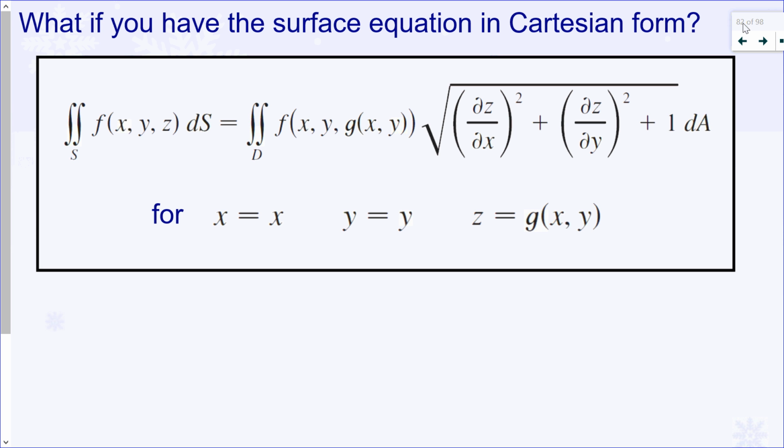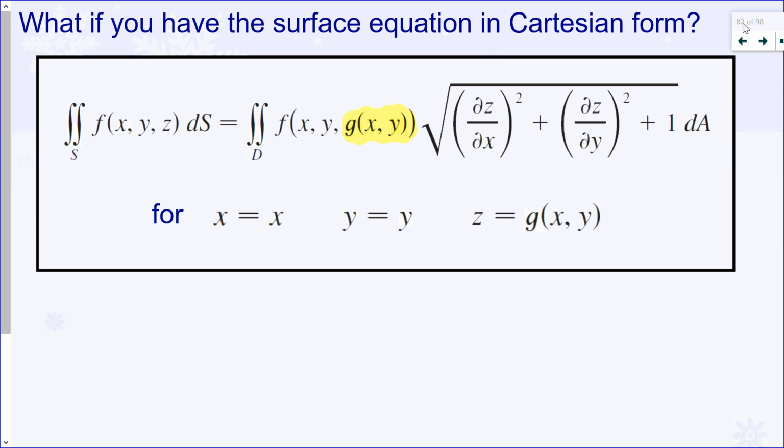In that case, we can use this formulation, which is just a version of the formula we use for surface integrals. And so in your integrand, you just have to make sure that if you have z in your integrand, you're going to write z in terms of x and y. So your integrand will only have x's and y's in it.